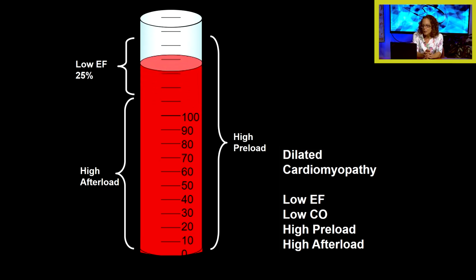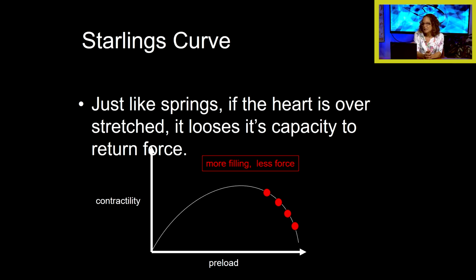We have a really low ejection fraction; we're only ejecting about 25% of the blood with each heartbeat. Starling tells us in this case, just like springs, if the heart is overstretched it loses its capacity to return force. So more filling actually results in less force.